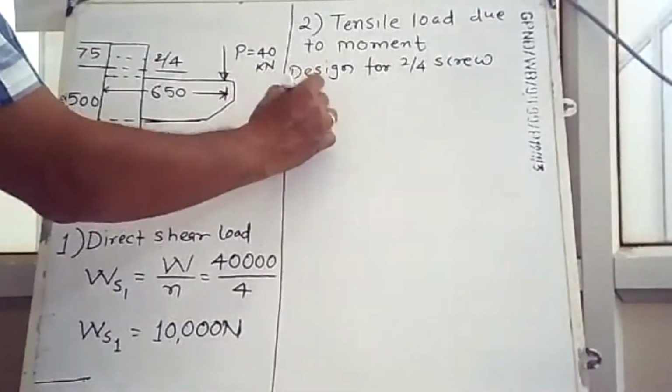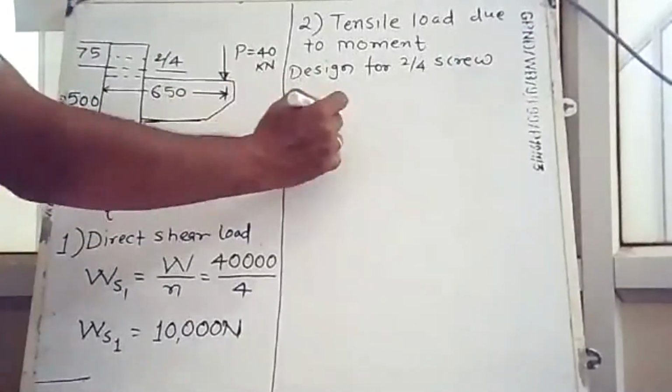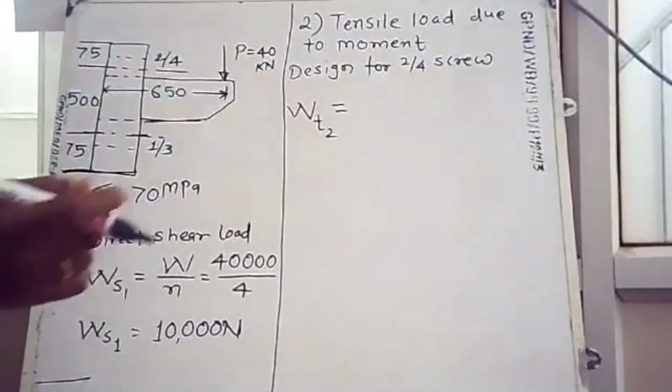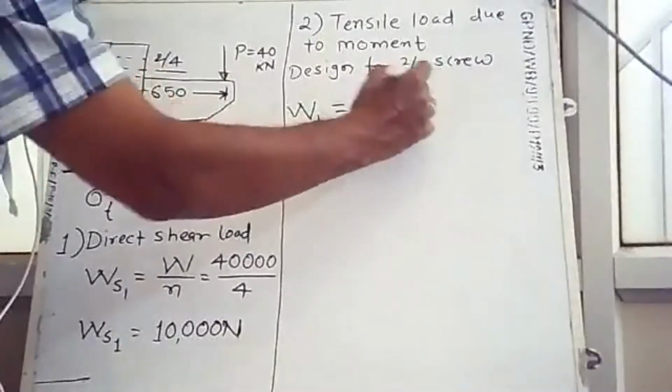So second load W, now it is tensile, so WT2 for the second screw. For the second screw, that we can put like this, W into L distance.